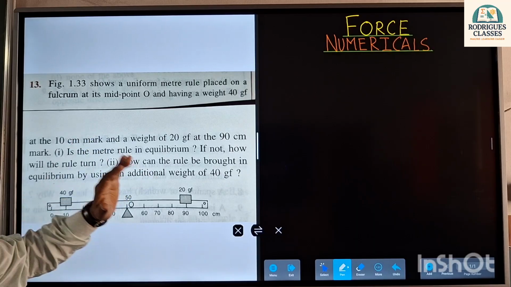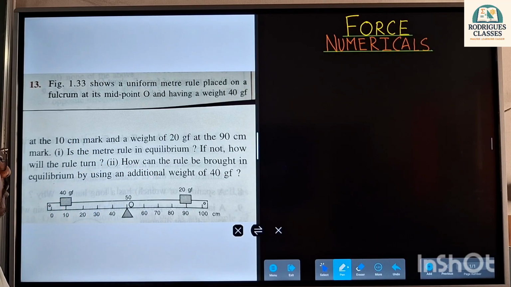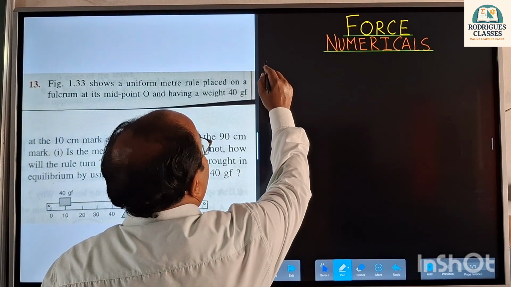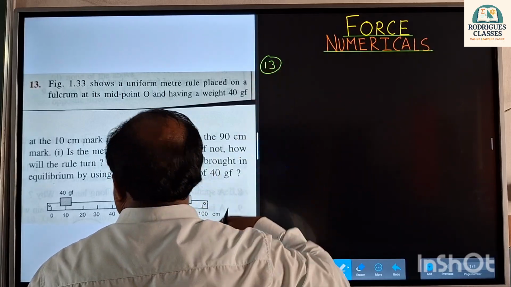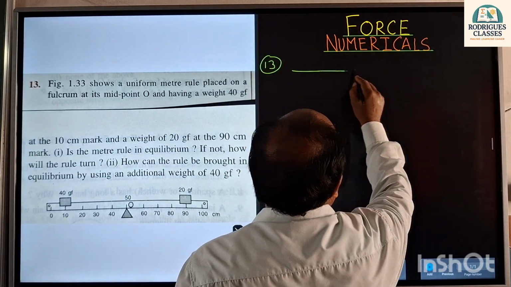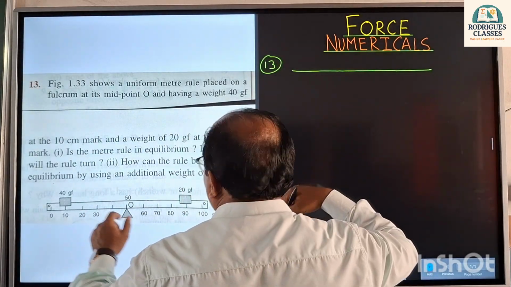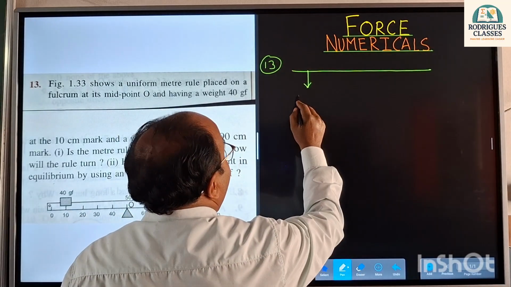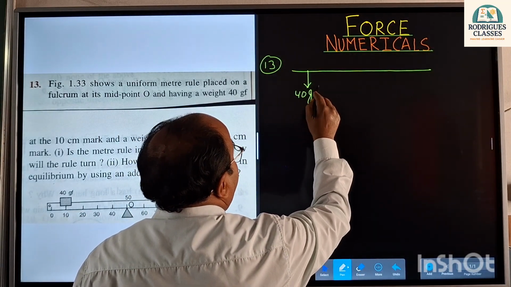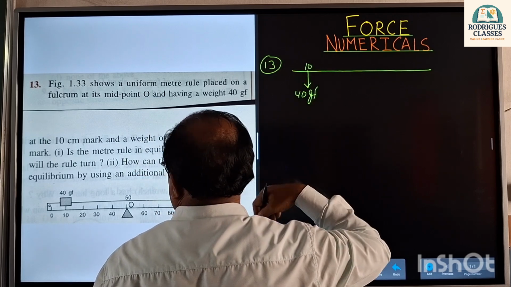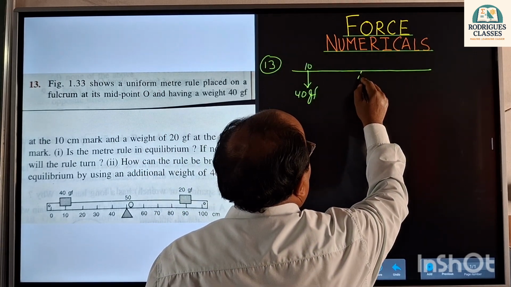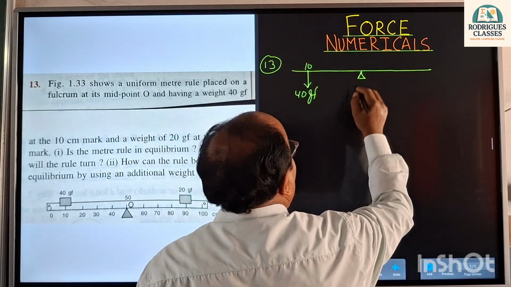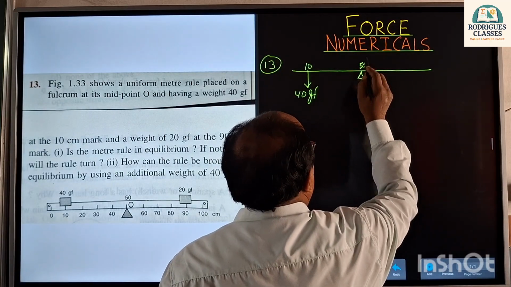So again, we will first draw the diagram of what is given. So let us draw it. We have at the 10 centimeter mark 40 GF present here. So this is at the 10 mark. The pivot point is at 50.